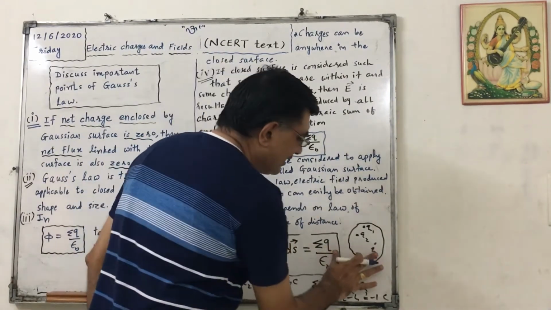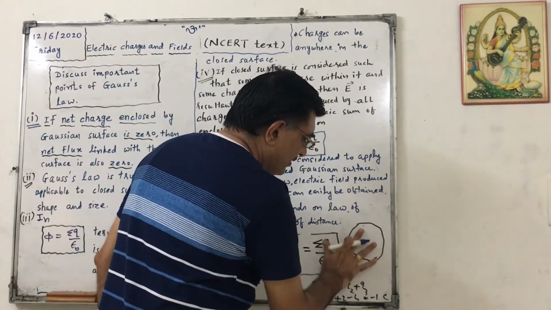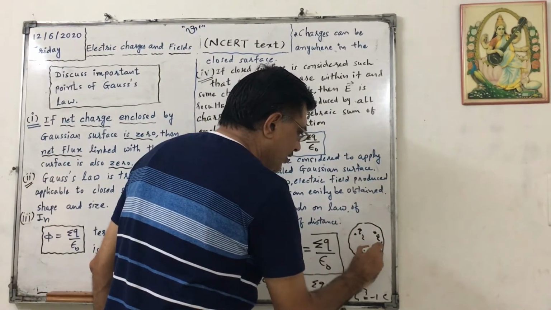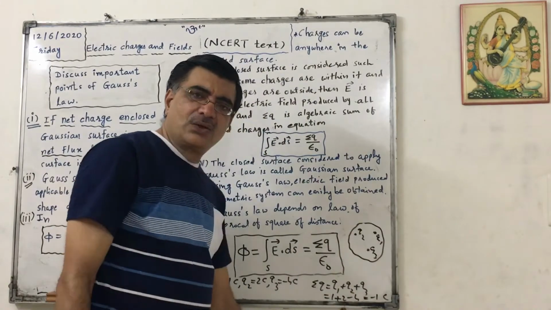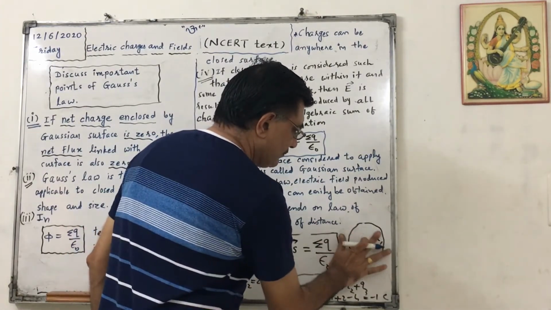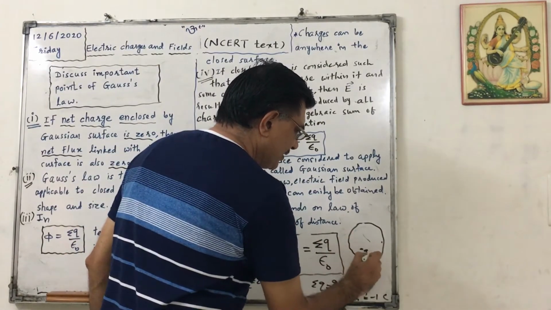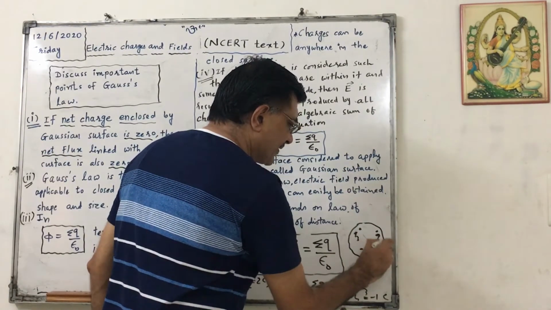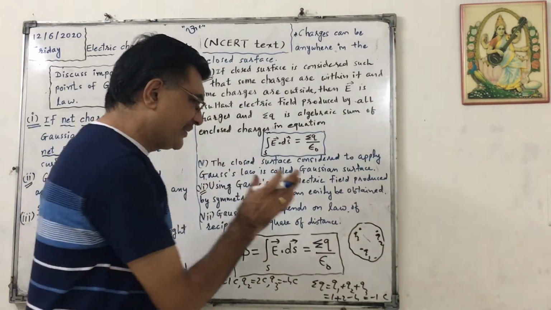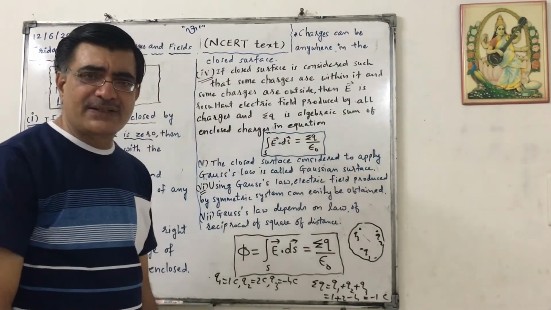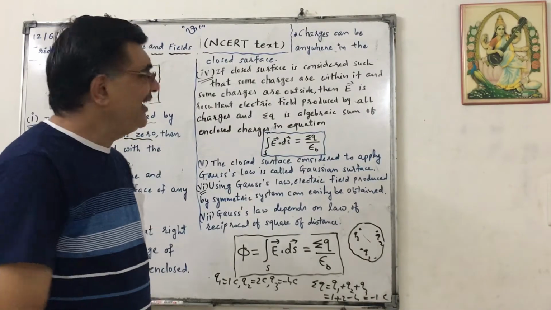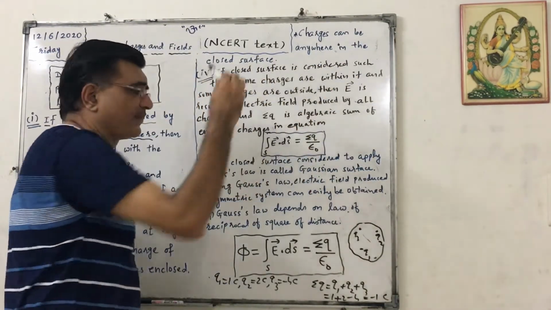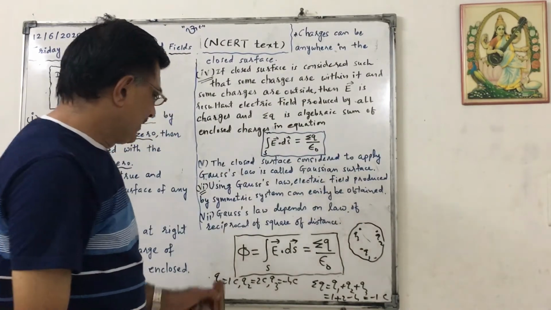If I change the positions of the charges, if I put q1 here, q2 here, q3 here, or q1 here, q2 here, q3 here, it won't make any difference, because the net charge, the algebraic sum, will be the same. So charges can be anywhere in the closed surface.